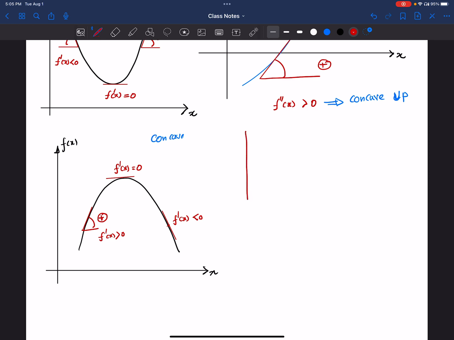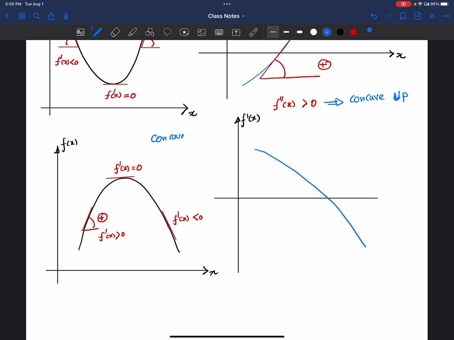Now again, going back to the curve of f prime of x, initially it was positive and gradually becomes negative.